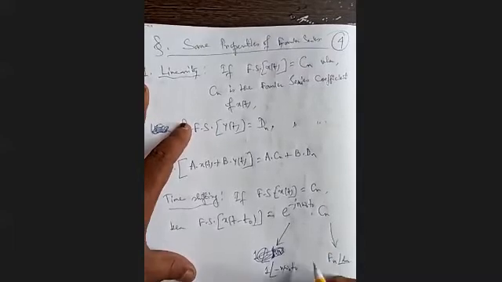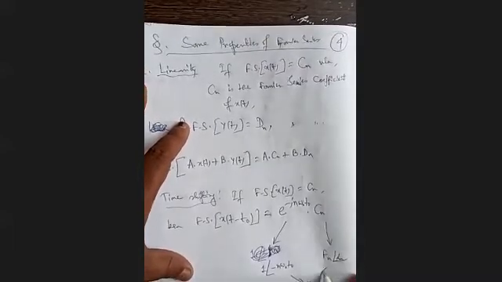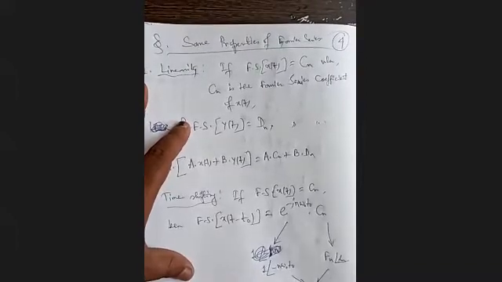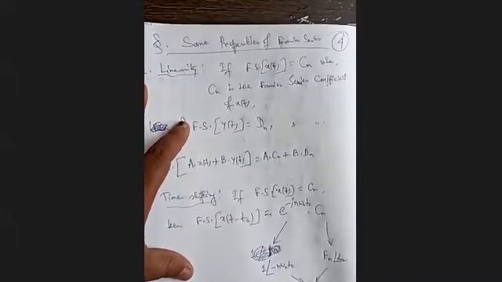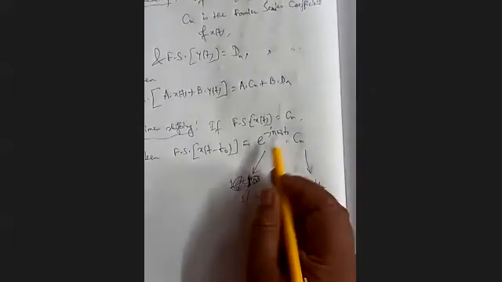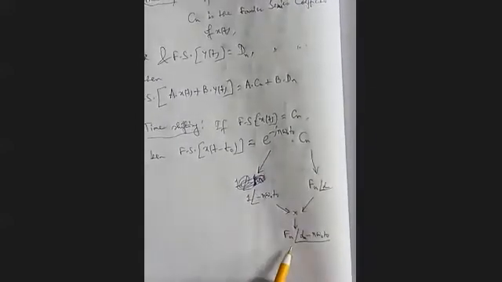Then when they are multiplied, the result is some Fn angle alpha n minus n omega 0 t0. We know after multiplication in polar form, magnitudes are multiplied, but phase angles are added.